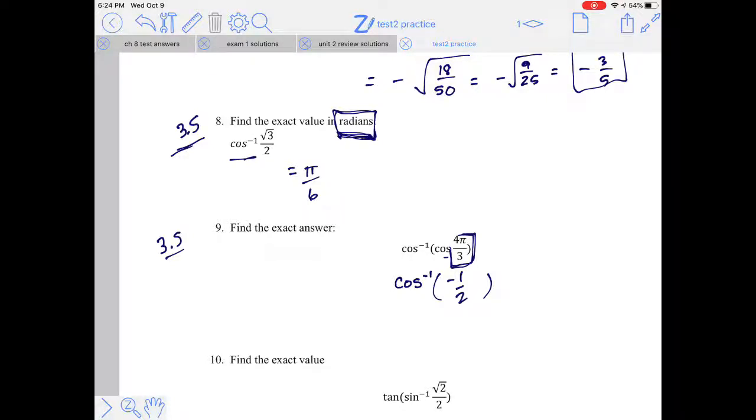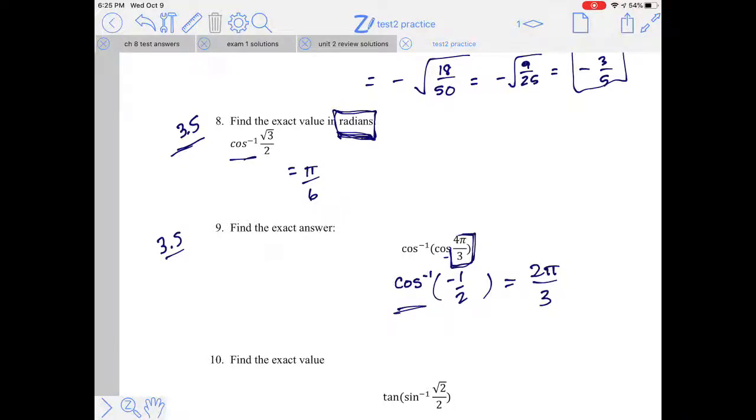Where do we have x values that are negative 1/2? Aren't there 2 places? But remember, cosine's quadrant 1 or quadrant 2. Cosine is the x values, and it's only in quadrant 1 or 2, and the only place x is negative is in quadrant 2, so it's 2 pi thirds.